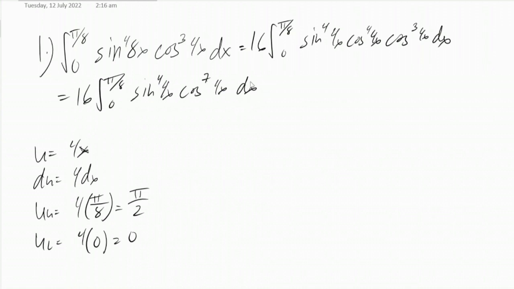So next we will substitute it. We have 16, or rather 16 over 4, since we have to bring 4 to get du, so 16 over 4 times the integral from 0 to pi over 2 of sine raised to 4, substituting 4x with u, cosine to the 7th of u, and then du.